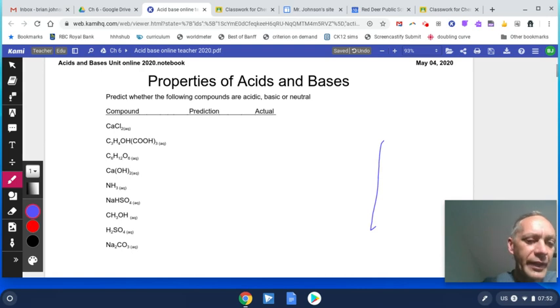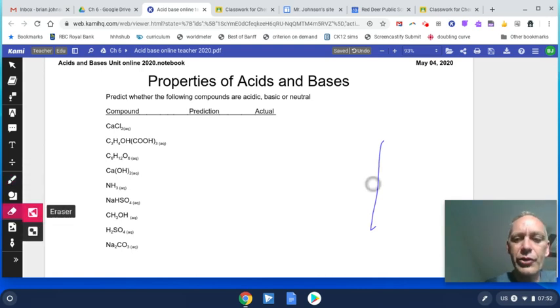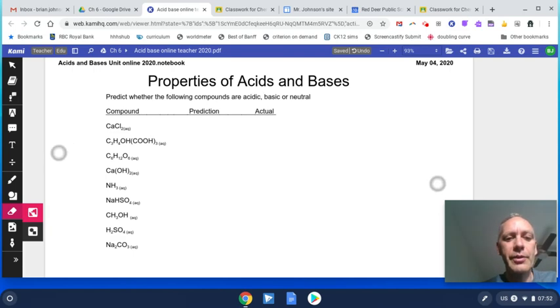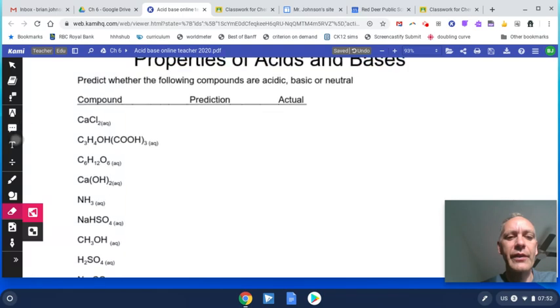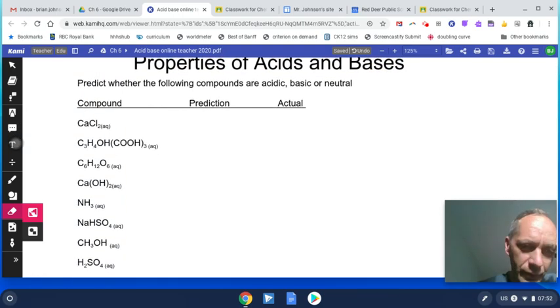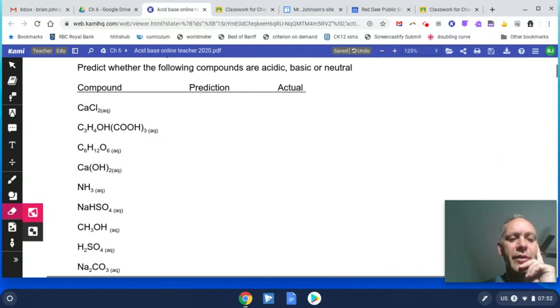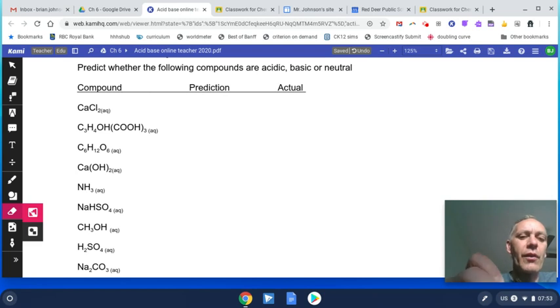Now this next table, this is a skill that you should have by the end of the chapter. You should be able to look at a compound and predict whether or not it is acidic or basic. So just for fun, I'm going to get you to pause the video here, and look at this list and write down acid, base, or neutral.